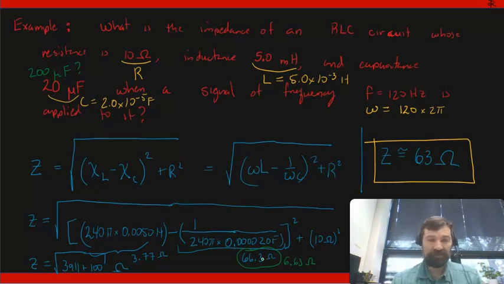And so instead of 3.77 minus 66.3, you now have 3.77 minus 6.63. And that gives you negative 2.86. Square that, you get 8.17.